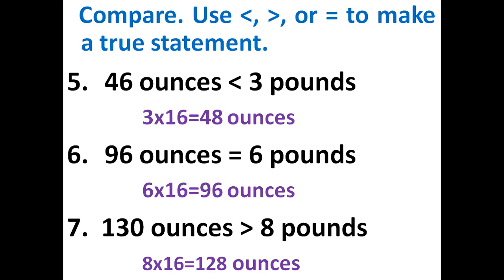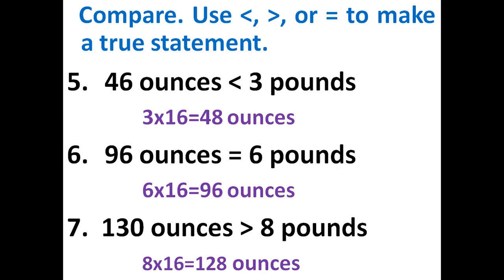In question number 5, 46 ounces and other side is 3 pounds. We will convert the pounds into ounces. See the working in the second line. 1 pound is equal to 16 ounces.